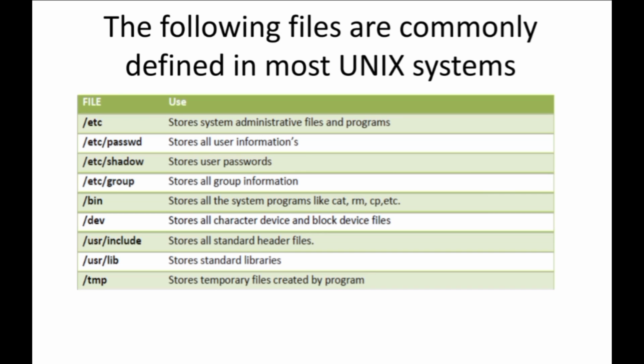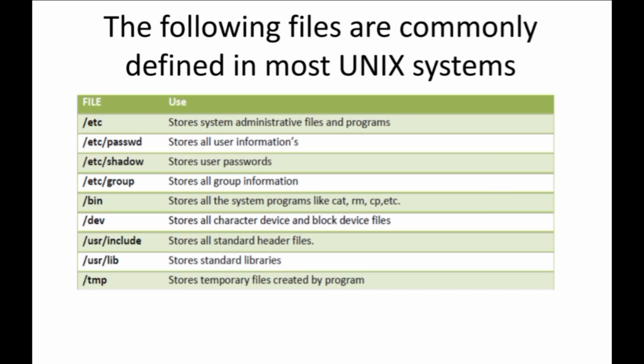Bin means all system programs. Whatever Unix commands you are going to use, the code for those commands will be stored in the bin directory. The dev directory stores all character device and block device files. The /usr/include directory stores all standard header files. You know that in C programming also, the include directory contains different headers, and here also it contains different header files.